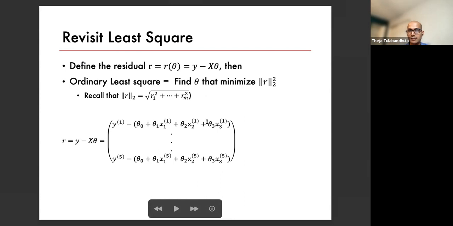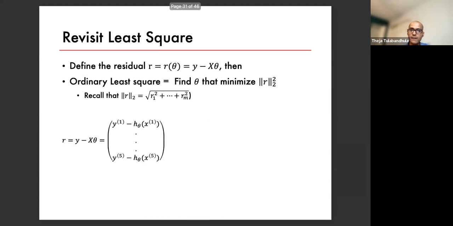These are element-wise products, and that's the definition of H theta, and y1 is the first example's output value. So that's the short form, equivalent to what we saw in the previous slide.